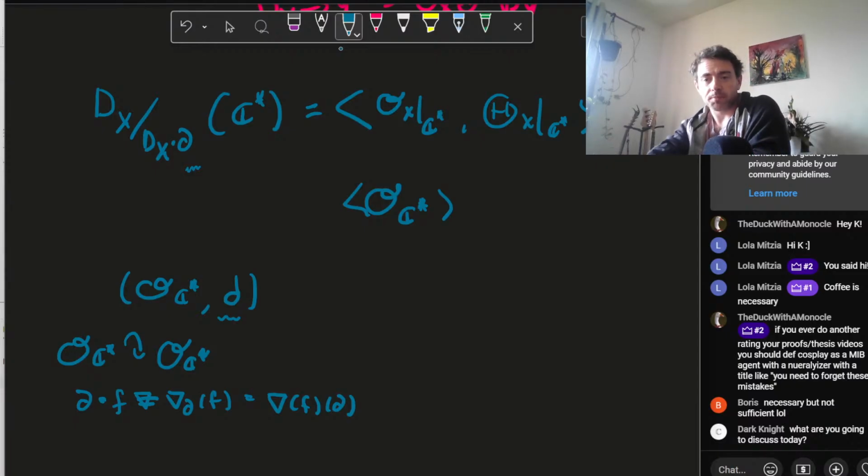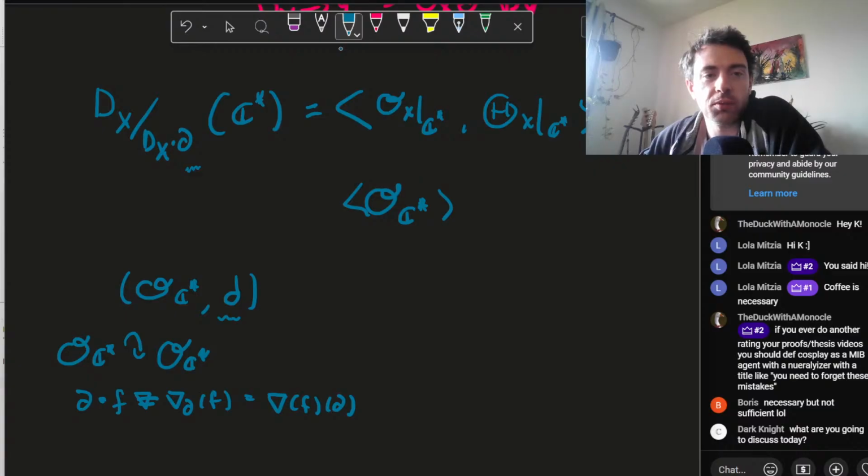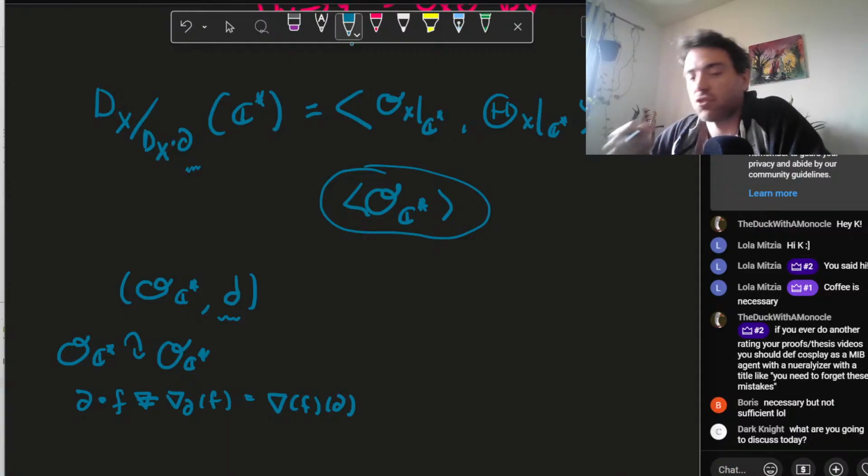So let's see. That is definitely what we get in this case. We already know it's going to be this restriction, so the underlying sheaf is this one.